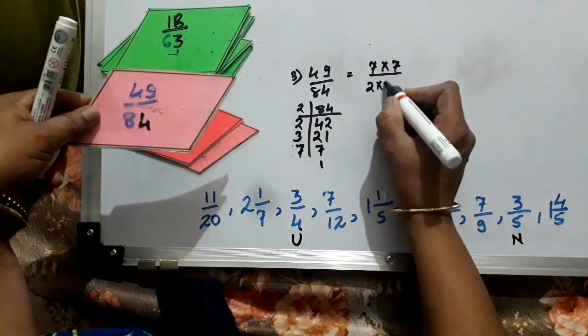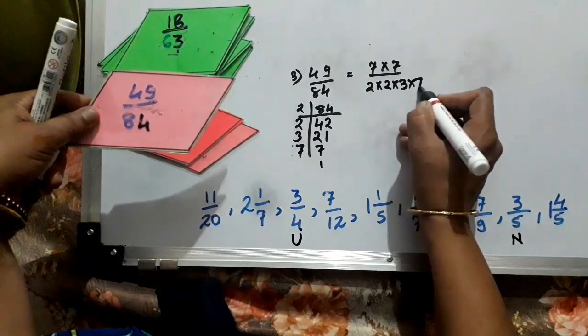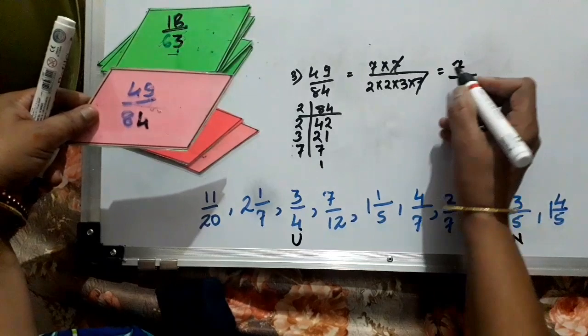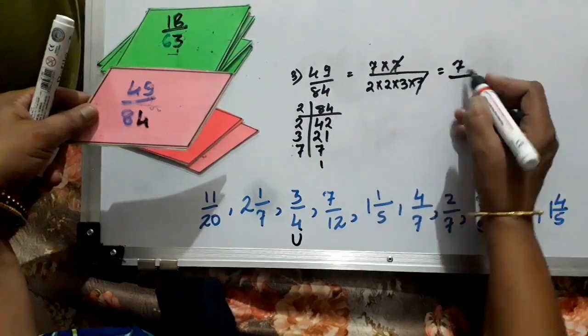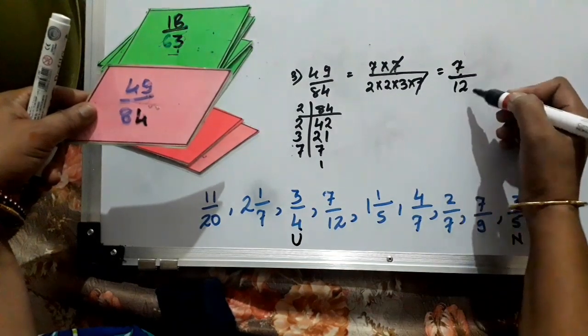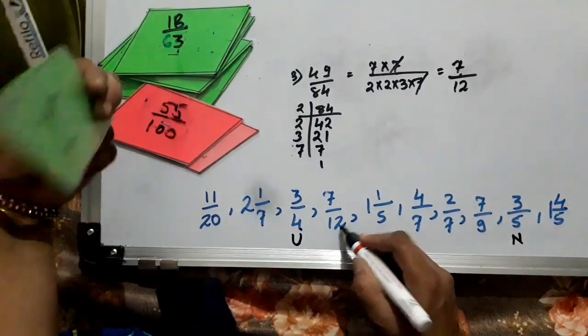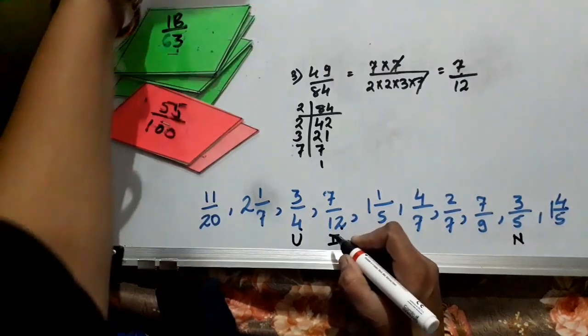So here 2 into 2 into 3 into 7. So 7 is common, which will go. So 7 upon 2 2s are 4, 3 4s are 12. So here you have 7 upon 12 and the letter is I. So I will write here I.